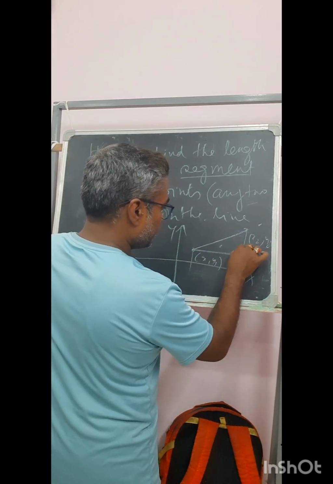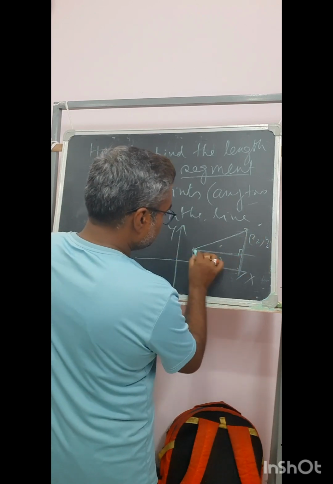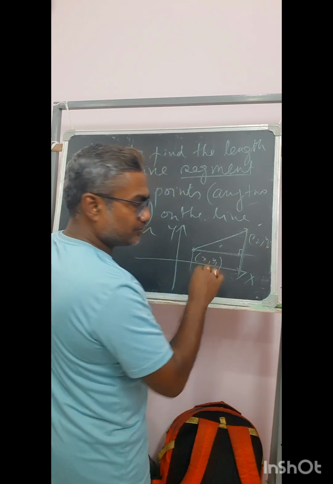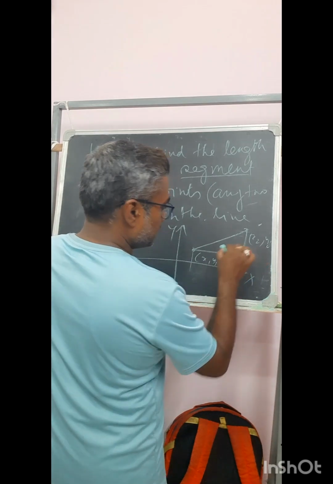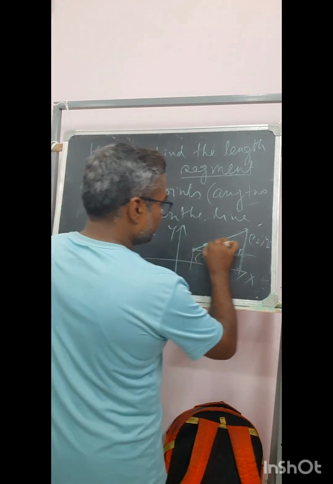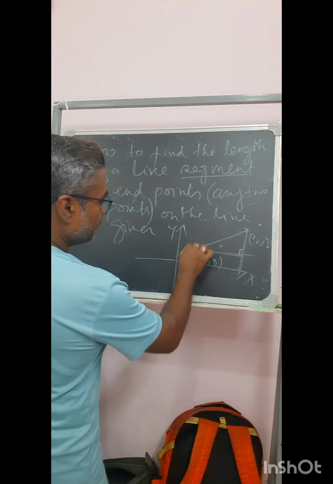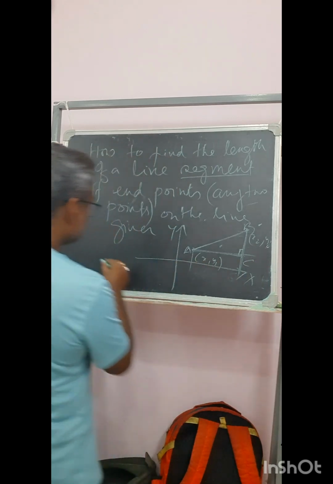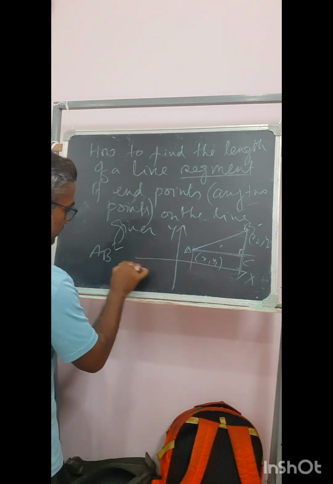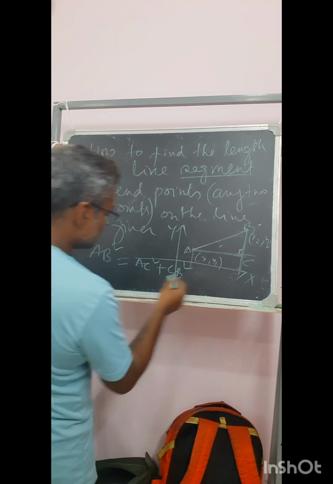This is also a right angle triangle, because the vertical and horizontal lines will intersect at 90 degrees, that we know. So this is the hypotenuse, and if you use the right angle formula, if I name it ABC, then AB square is equal to AC square plus BC square.